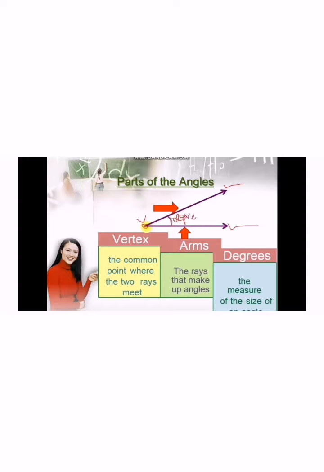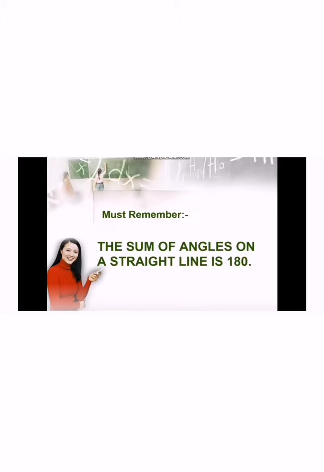Degree is the measurement of how much an angle has. So an angle has three parts: the vertex, the arms and the degree.